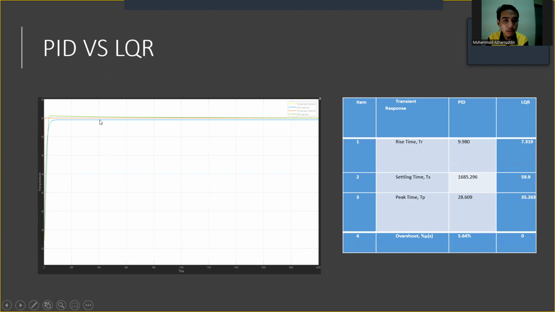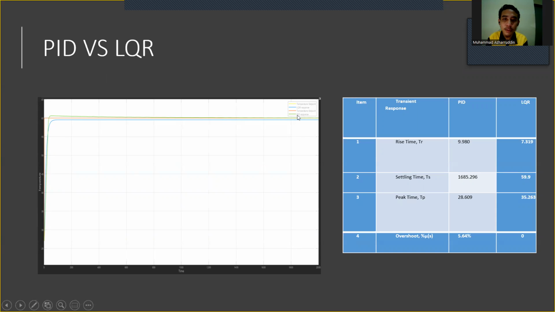The yellow and red are actually the same, for the temperature set point. For the temperature set point, I set it to start at 27 and end at 60.